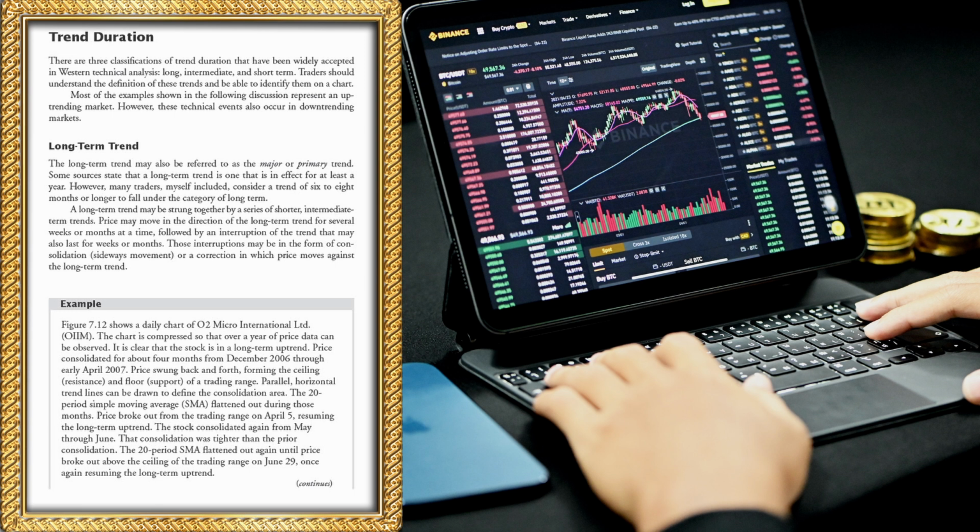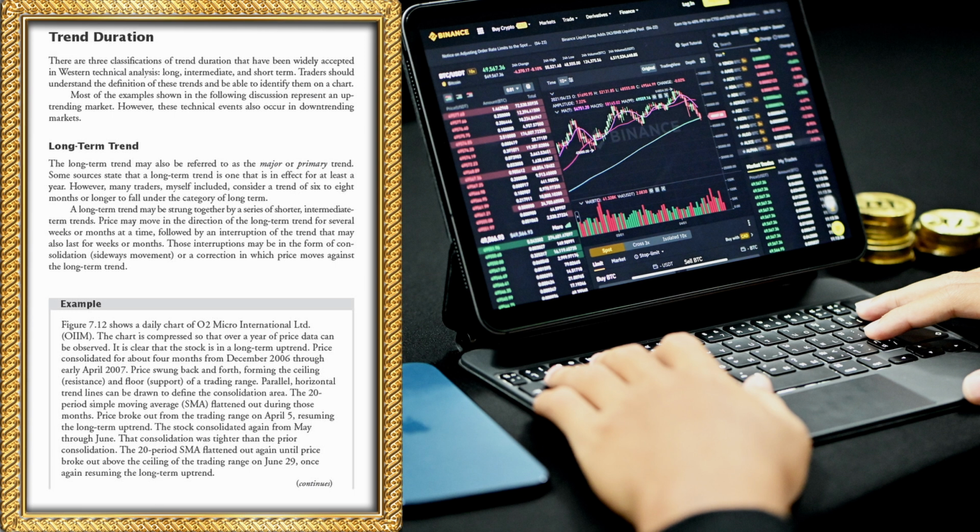Long-term trend. The long-term trend may also be referred to as the major or primary trend. Some sources state that a long-term trend is one that is in effect for at least a year. However, many traders, myself included, consider a trend of 6 to 8 months or longer to fall under the category of long-term. A long-term trend may be strung together by a series of shorter, intermediate-term trends.